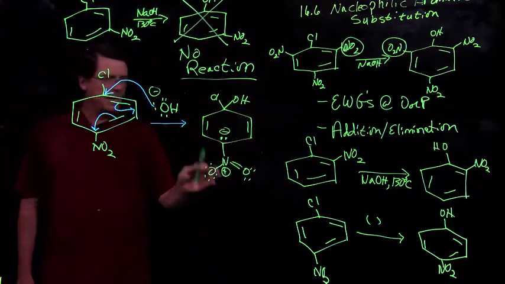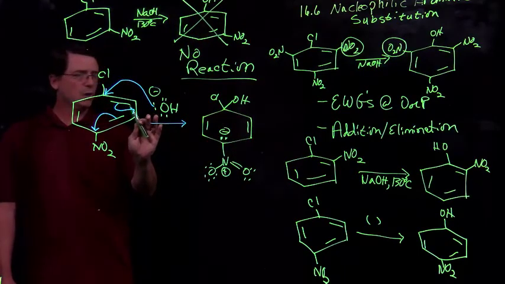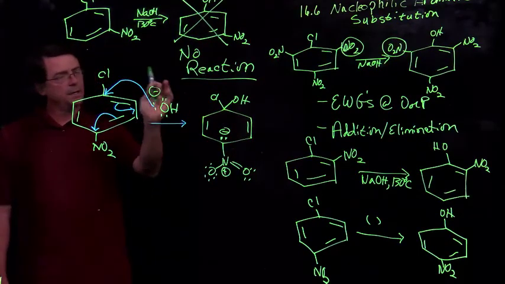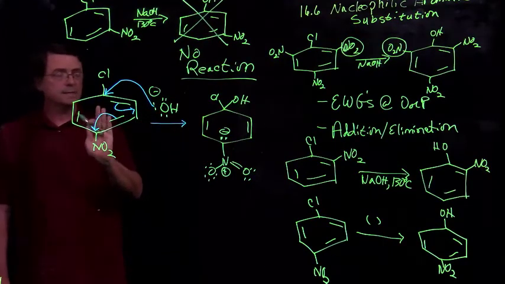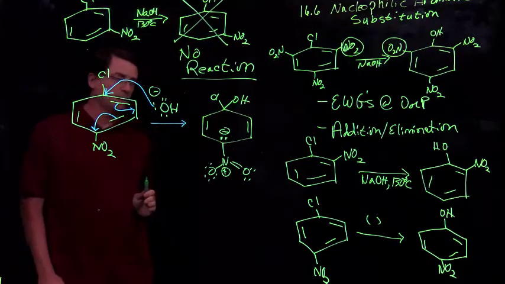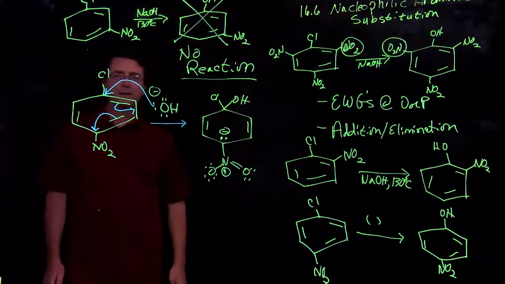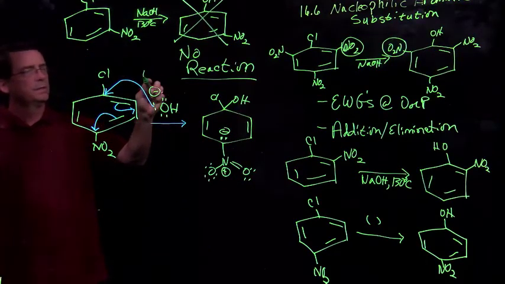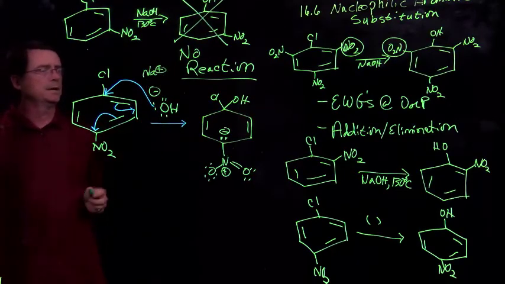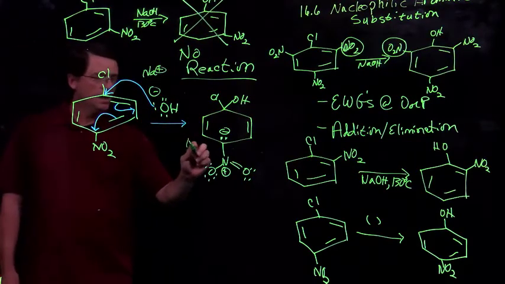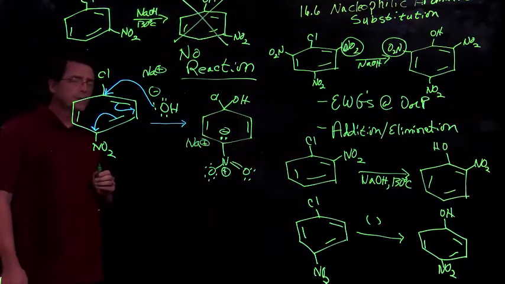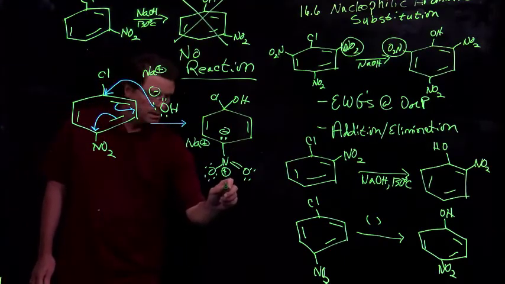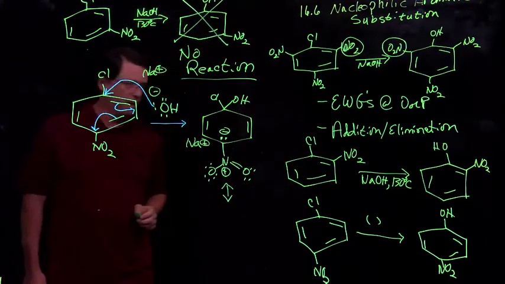Remember, balance the mass, then balance the charge. I brought in an anionic nucleophile that made my mechanism anionic, so I need an anionic intermediate. Now, for those who are worried about electroneutrality, of course, there is a sodium ion floating around in there with this, and the same would be true here. Okay? But the critical thing here is to see that there is a resonance form of this compound.